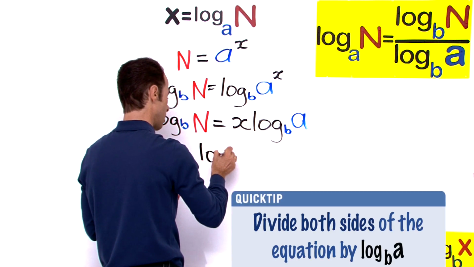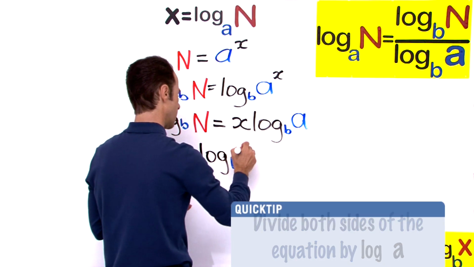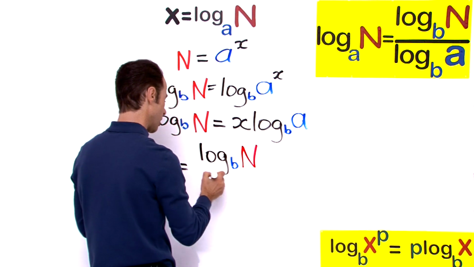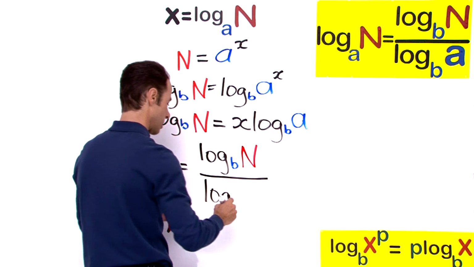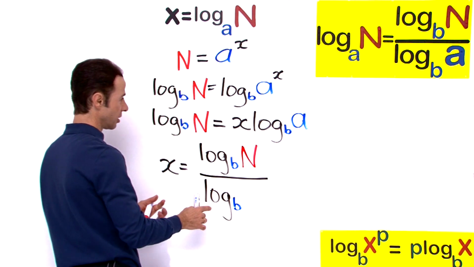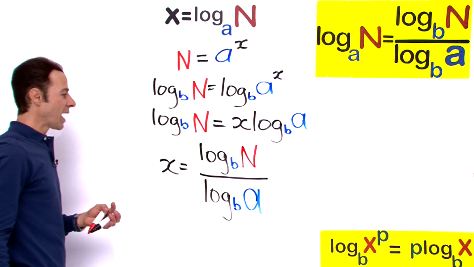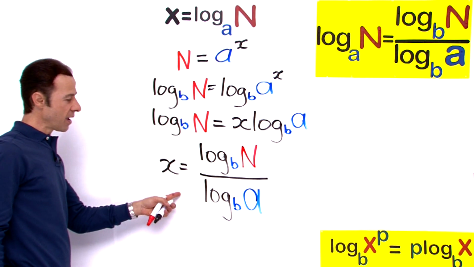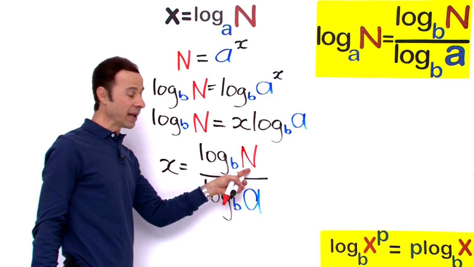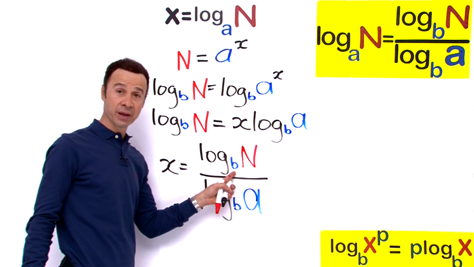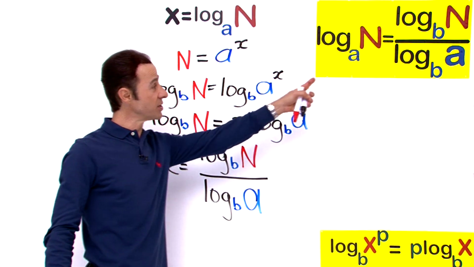So on the top we have log base b of n, all over log base b of a. As you can see, we have the exponent x equaling log base b of n, to have a new base of b, over log base b of a. Now that's almost exactly the same as that rule right over there.